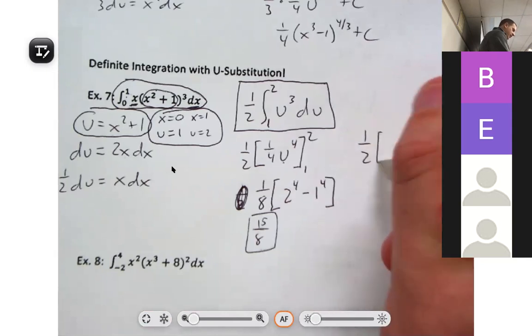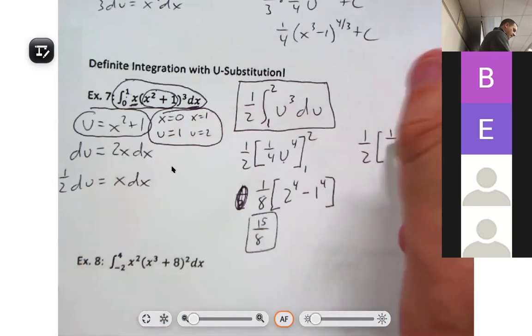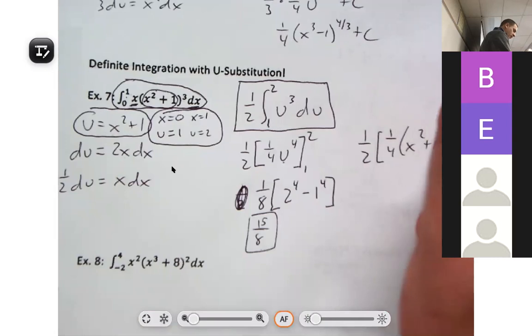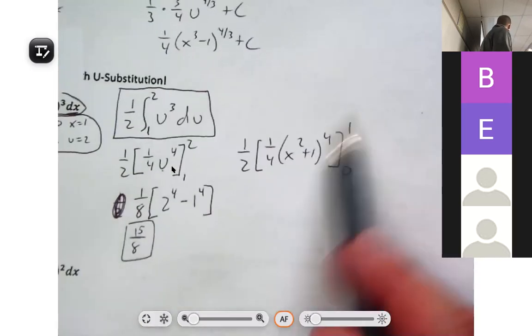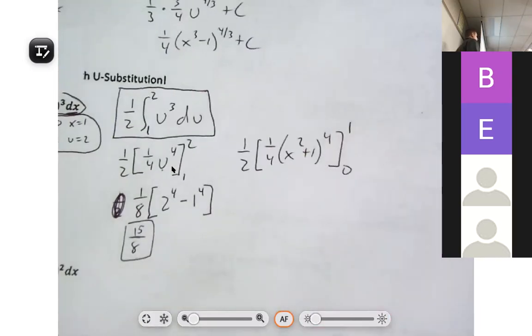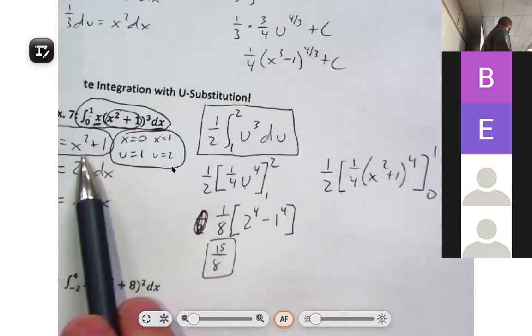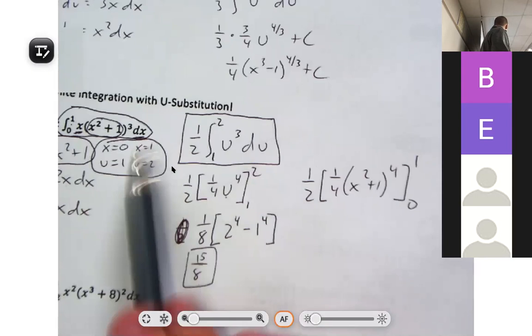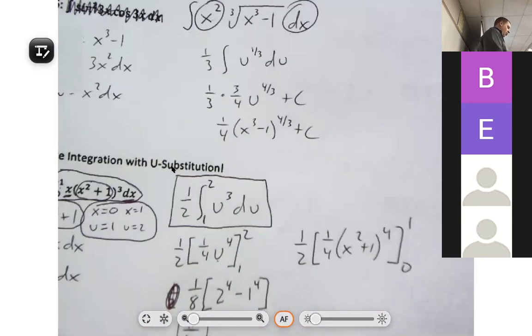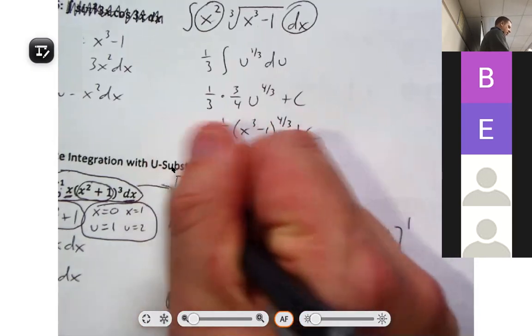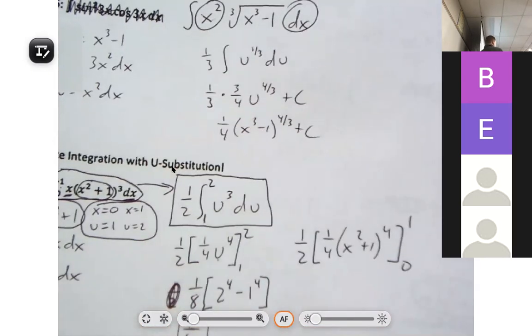If you plug the x squared plus 1 back in, then you could keep those original limits and now do the problem from here. You could plug 1 in for x and 0 in for x using those x values. I have some students who say, I'll just always remember to plug the x expression back in and then never have to worry about changing the values. Like I said, they get creative with how they ask questions and they force you to know how to change those limits of integration. So it is a process you have to know.